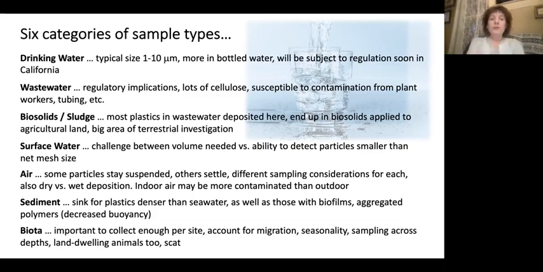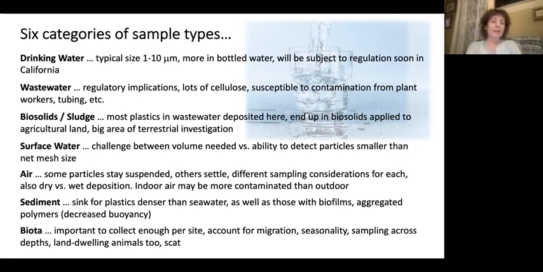Air, of course, is a big, relatively new area of investigation. We're finding microplastic particles pretty much everywhere we look, from the Pyrenees to the Rockies to, of course, there was a famous study that was done in Paris that found pretty high concentrations in it. Indoor air probably is more contaminated than outdoor air.